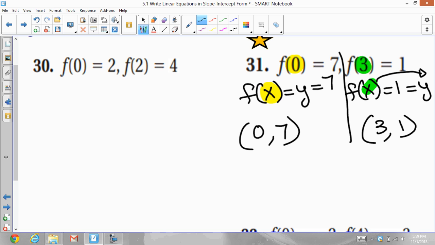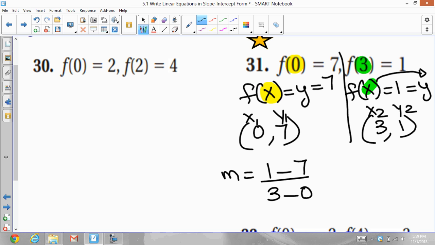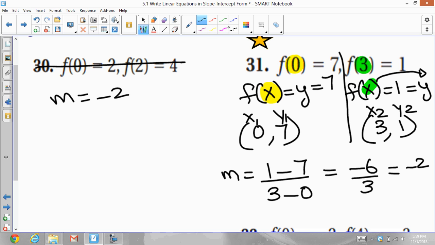So you get x1, y1, x2, y2, and find the slope, which is y2 minus y1 divided by x2 minus x1, which gives me negative 6 over 3, which is negative 2. So I got my slope to be negative 2.